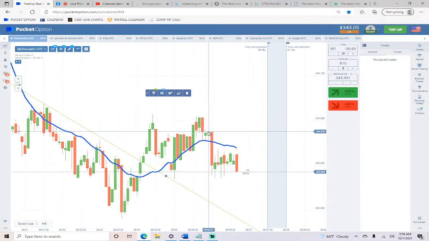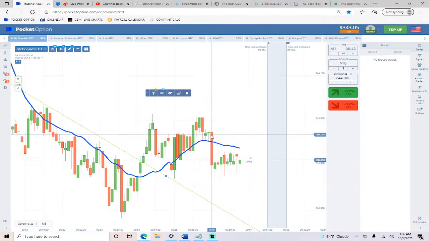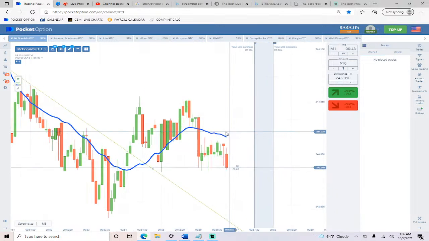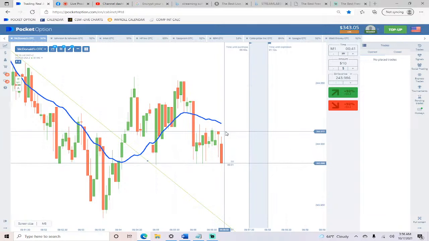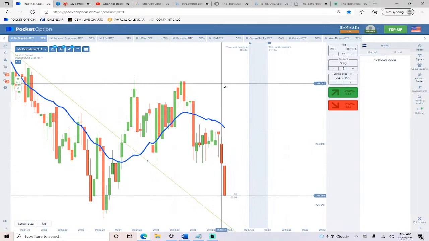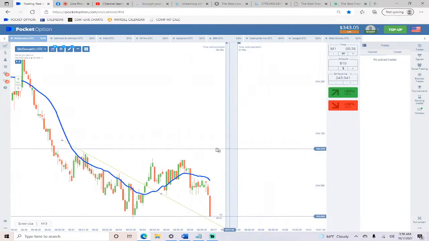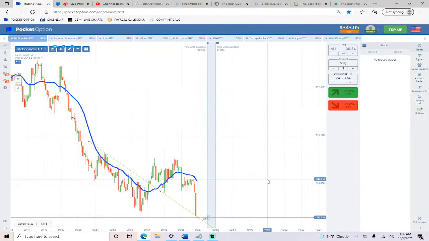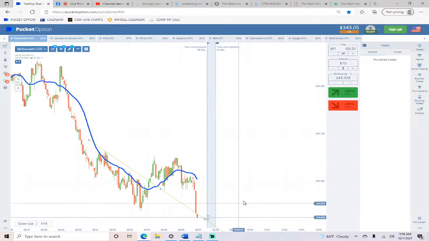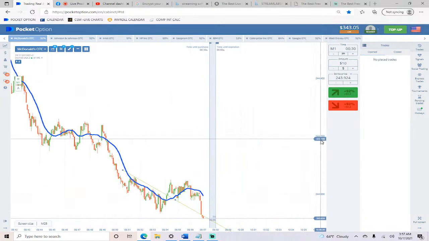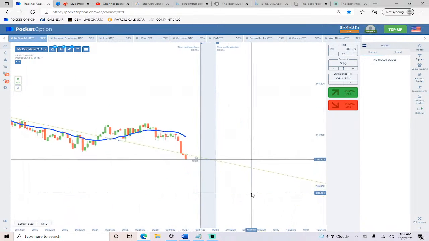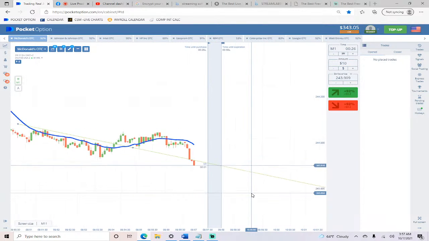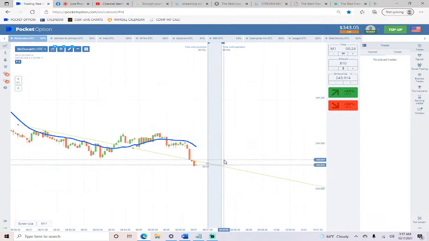That would have pulled me out somewhere down here when it closed. And there's that future trend line again. Now we're going to get bounced off that trend line.